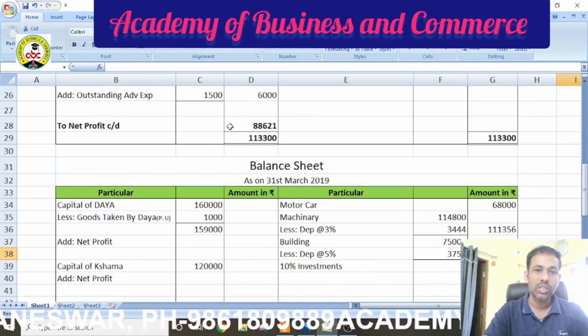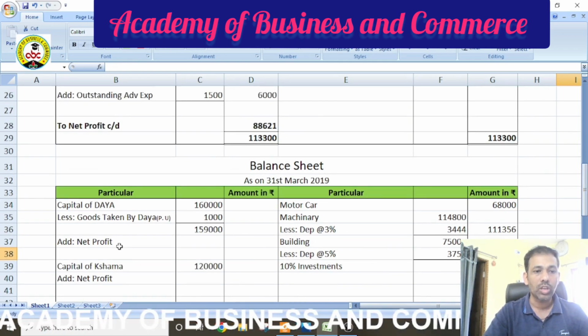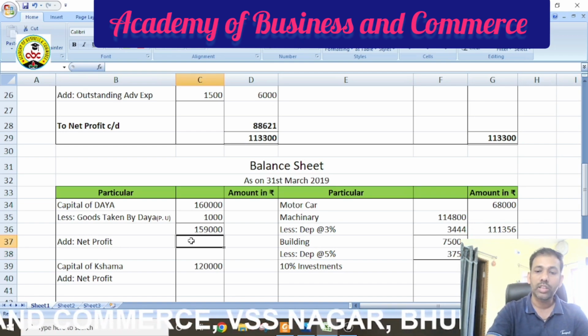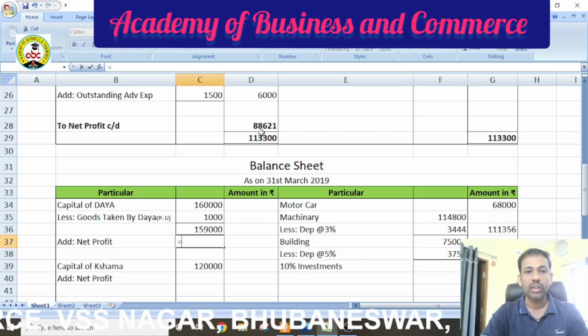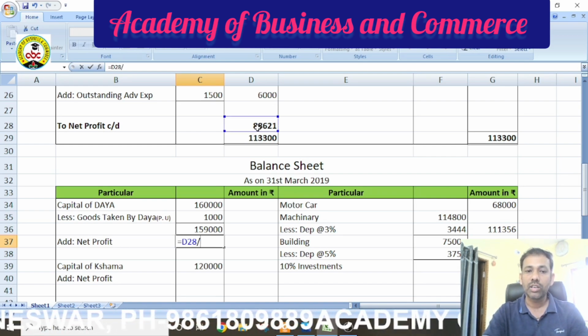And the net profit which is realized, 88,621, will be shared equally between Daya and Tasma. So you have to take 50% of the net profit, that is, divided by 2.